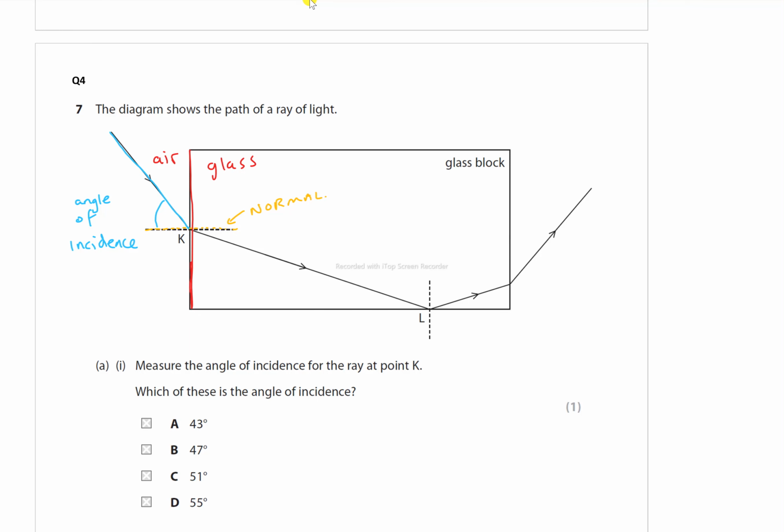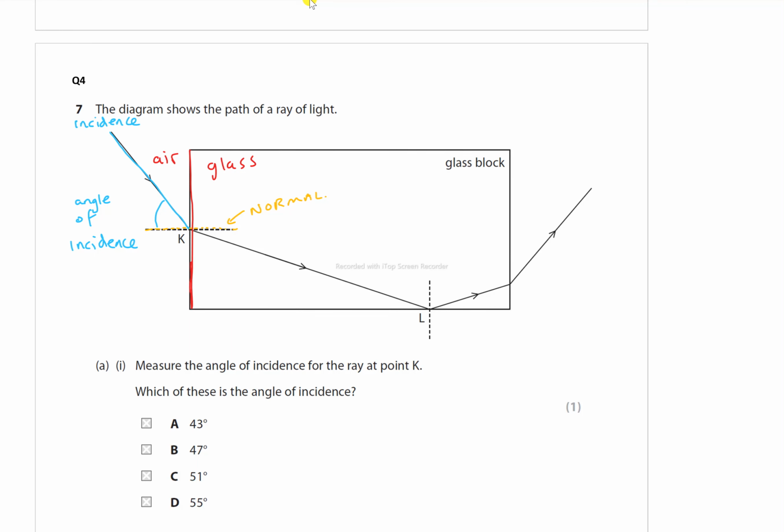So this is that's your incidence ray, or ray of incidence. Incidence ray. How would you define that? That's the incoming ray.